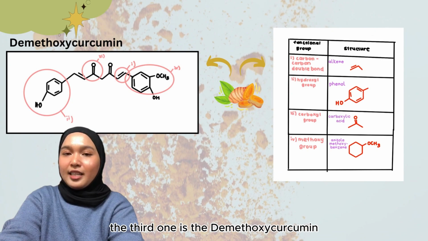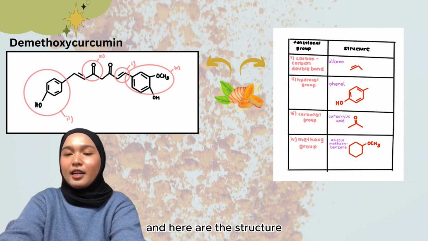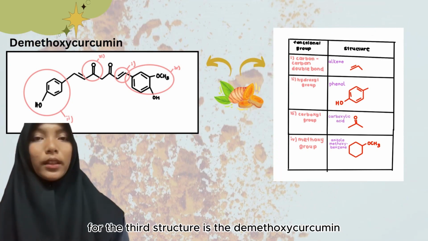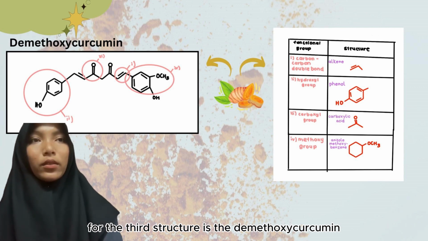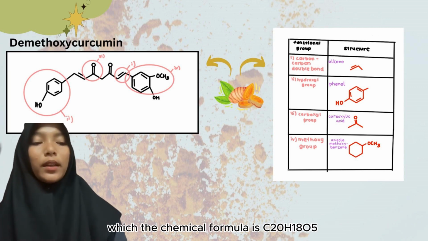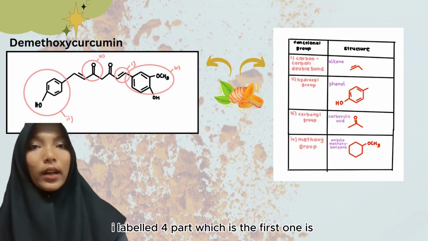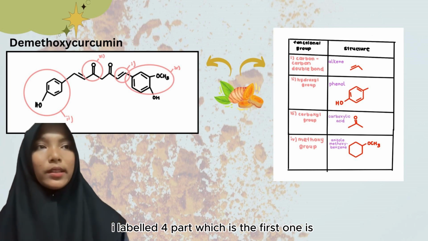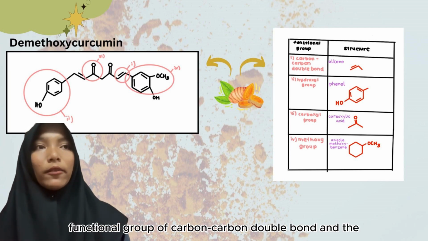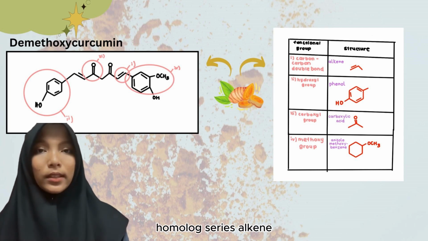The third one is demethoxycurcumin, and here is the structure. So the third structure is demethoxycurcumin, which the chemical formula is C20H18O5. As you can see there, I labeled 4 parts. The first one is the functional group of carbon-carbon double bond and the homologous series is alkene.